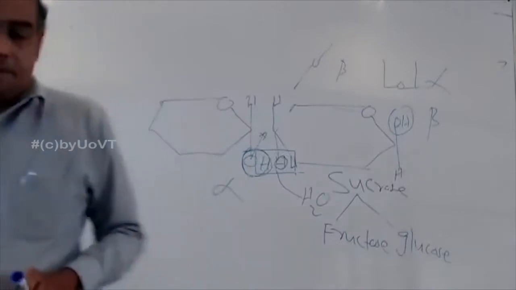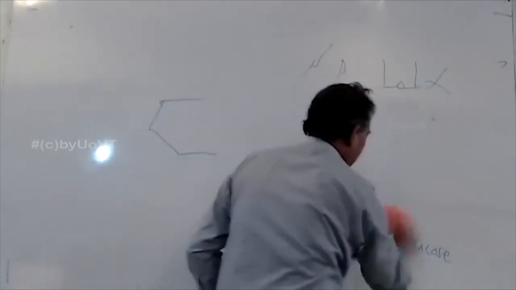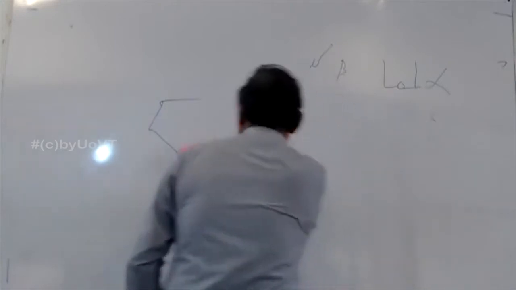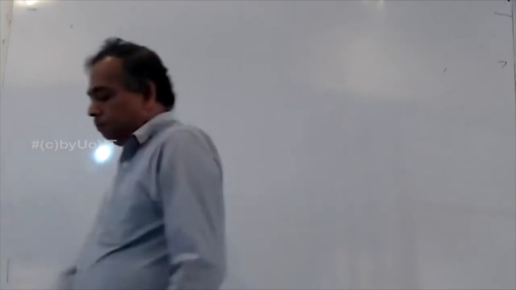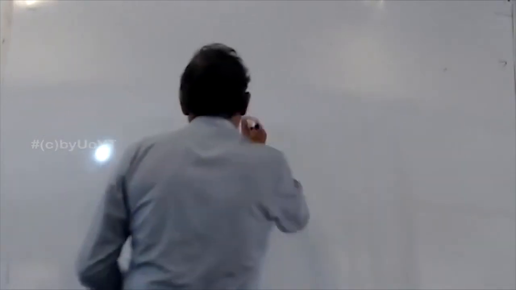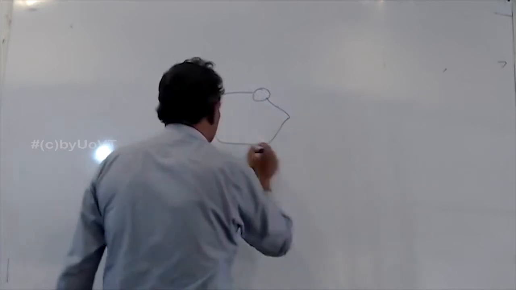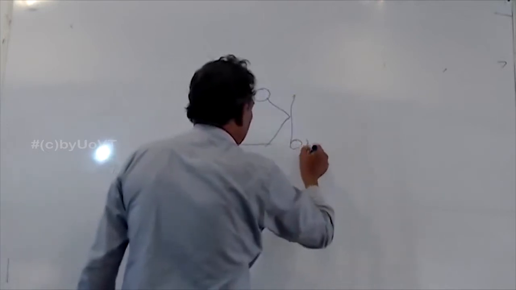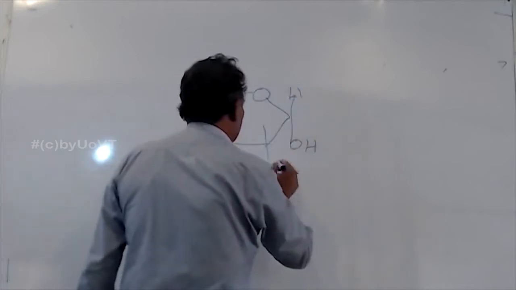So if you remember the glucose molecule, very simply, if you draw the molecule, it is like this. We take alpha 1, it's like this.